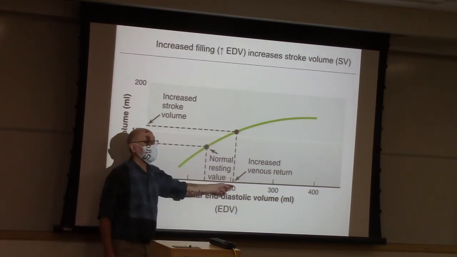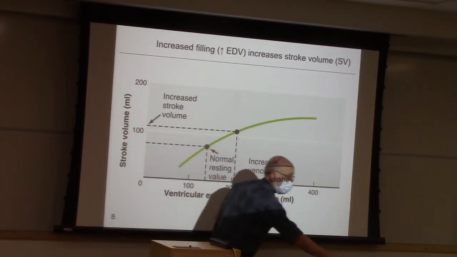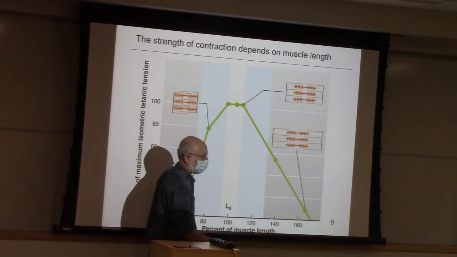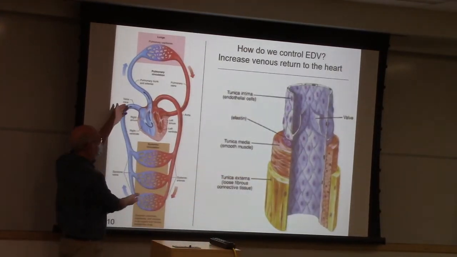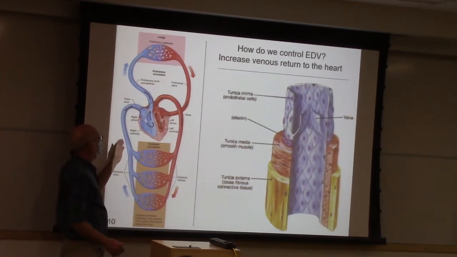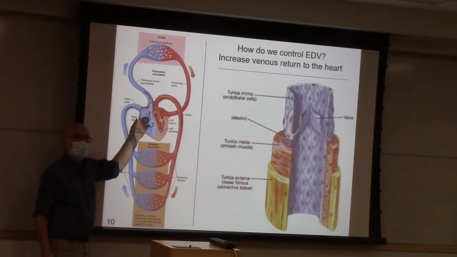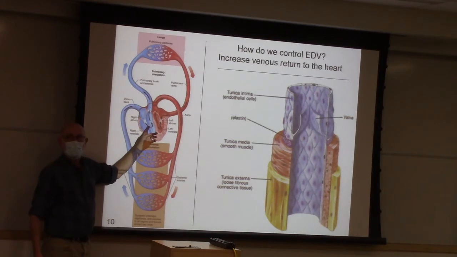So constriction of the systemic venous smooth muscle forces blood to return to the heart, reduces the reservoir, and increases end diastolic volume, the volume at the end of diastole.